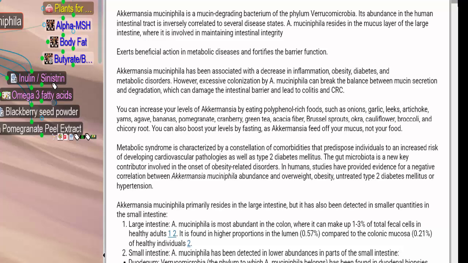You can increase your levels easily by eating polyphenol-rich foods like onions, garlic, leeks, artichoke, yams, agave, bananas, pomegranate, cranberry, green tea, acacia fiber, Brussels sprouts, okra, cauliflower, broccoli, and chicory root. You can also take an inulin supplement. You can boost your levels by fasting because it feeds off your mucus, not your food.